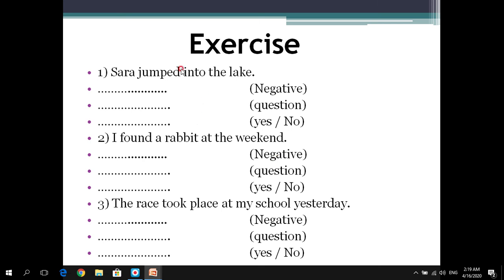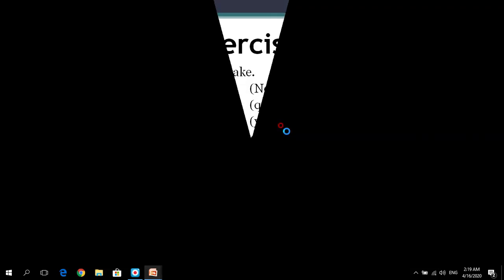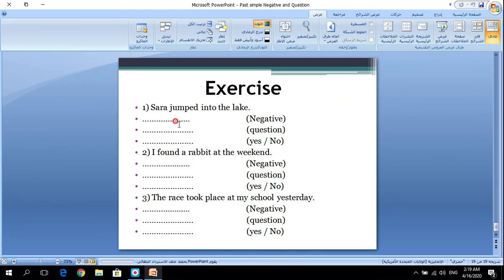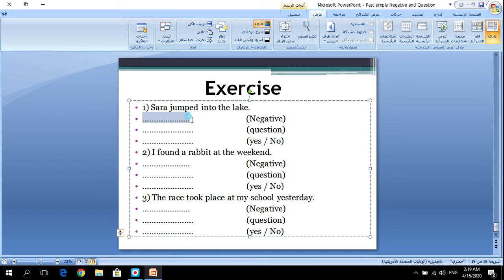The last exercise: you have 3 sentences and you have to put each one of them in negative form, question form, yes or no question. You have to answer with yes or no. Okay, so let's start with the first one. Sarah jumped into the lake.